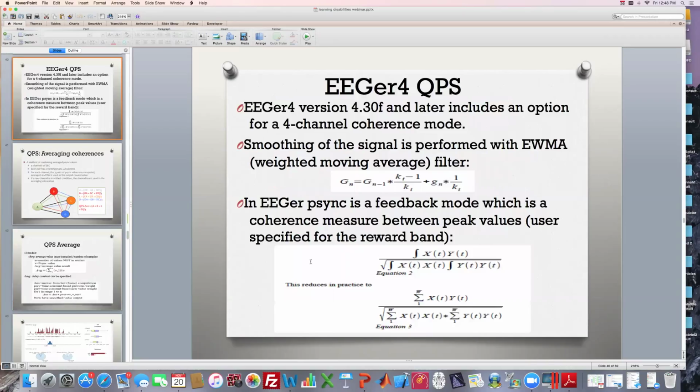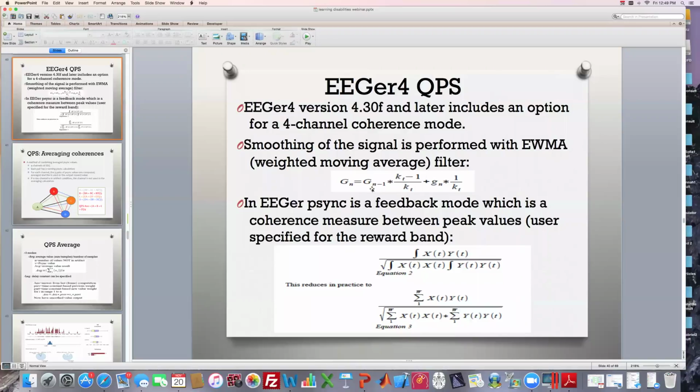So about 2 years prior to the study, myself with Howard Lightstone from Eager developed a new algorithm to train coherence using 4 channels of surface EEG that we call multivariate coherence training, or quad P-sync, which is what the QPS stands for.